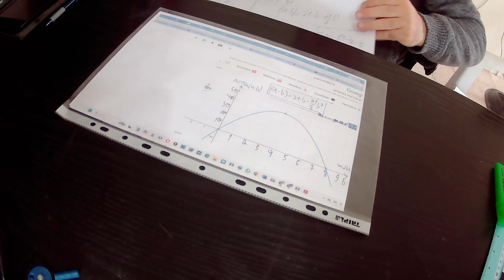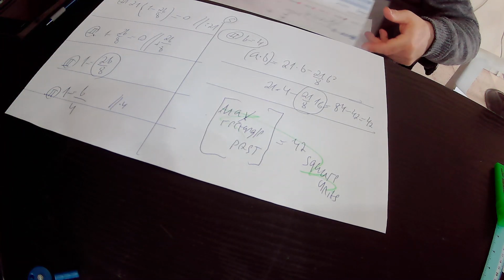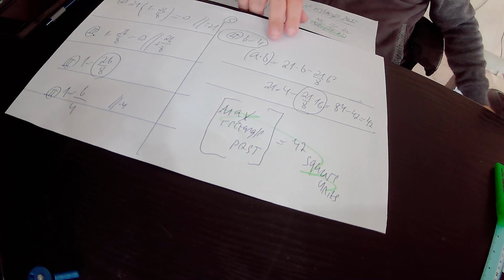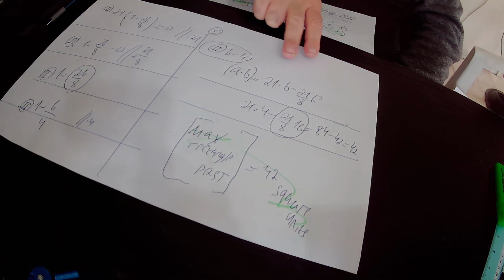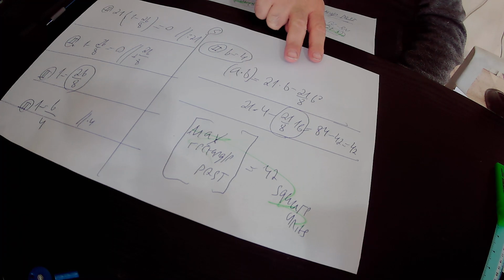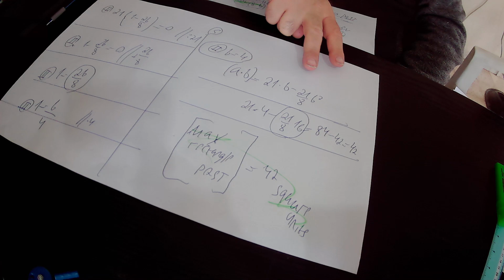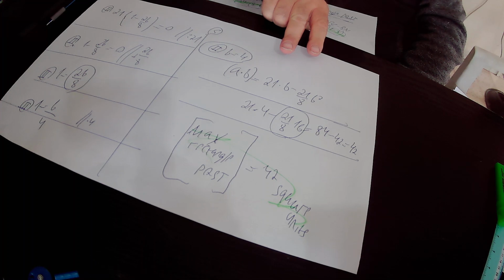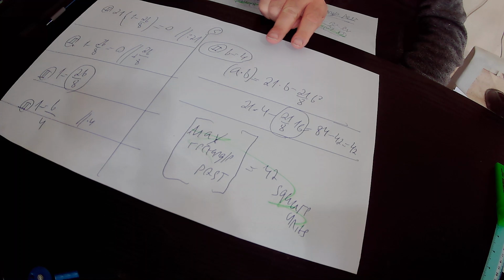The only thing left to do is to put the value b equals 4 inside this area function, a times b equals 21b minus 21 over 8 times b squared, and substitute b by 4 in order to find exactly the maximum area of rectangle PQST.